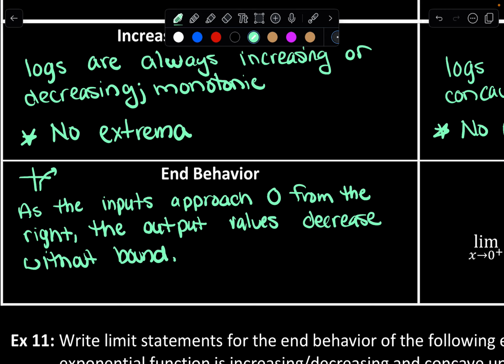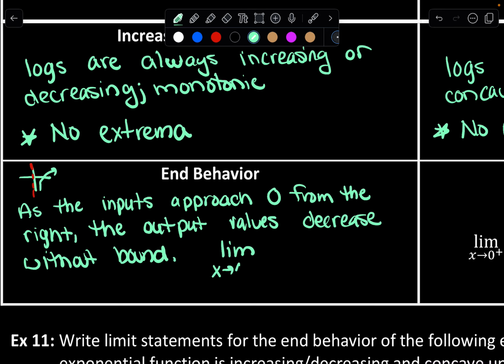So with exponentials, we did not have our domain interrupted. There were no restrictions on the domain. So our limits could either go to infinity or negative infinity. But now with this vertical asymptote restricting our domain, we have to be more specific with our limits. So if I want to talk about the left limit for the function I drew up in the corner, it's not going to negative infinity anymore.